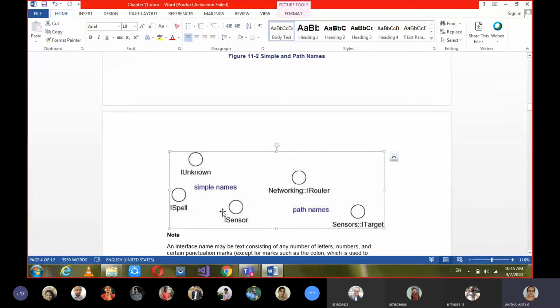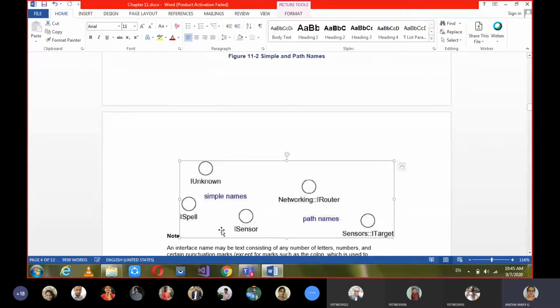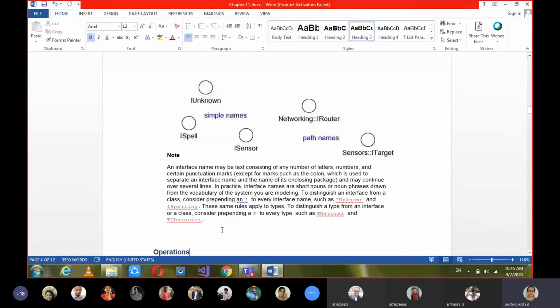These are short nouns from the vocabulary of the system, and each interface is given with a capital I. Just now I was telling you, each interface name starts with a capital I, or the name preceded with capital I means that it's an interface. So these are the things about names. How do we give them for an interface? Then, moving on to the next one.